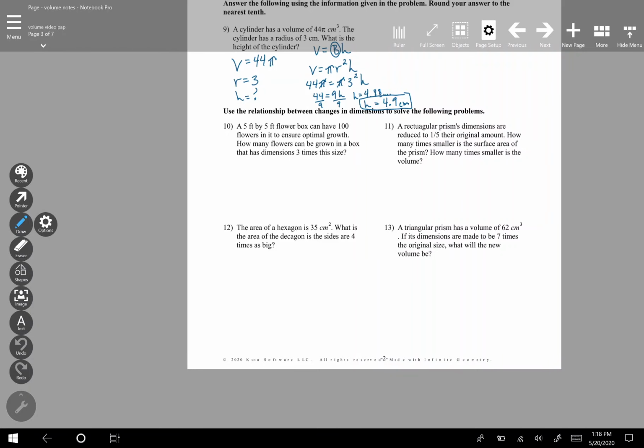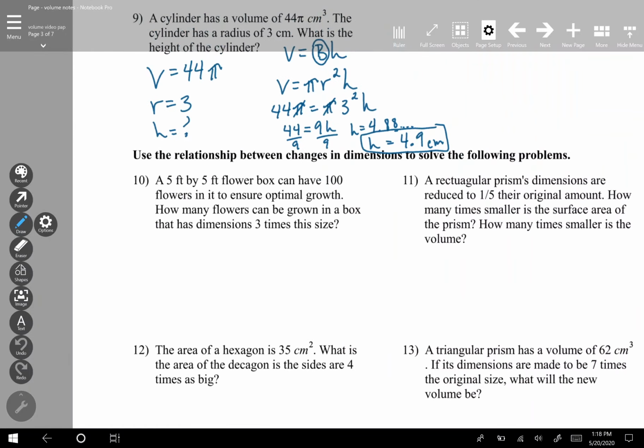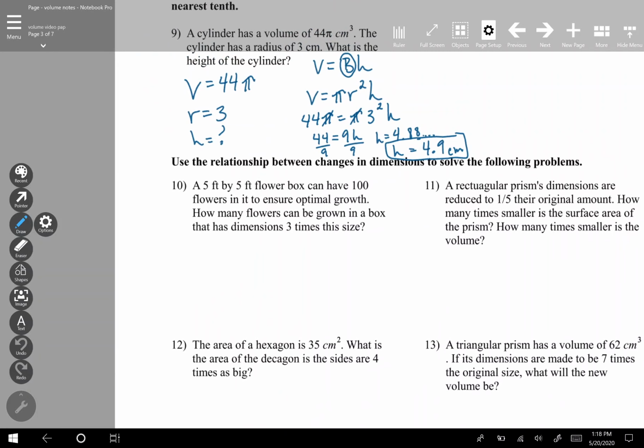Okay, so let's look at these ones here. It says, a 5 foot by 5 foot flower box can have 100 flowers in it to ensure optimal growth. How many flowers can be grown in a box that has dimensions 3 times this size? Let's conceptualize this.